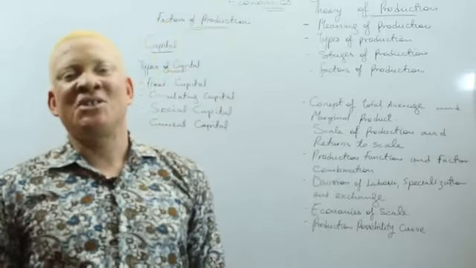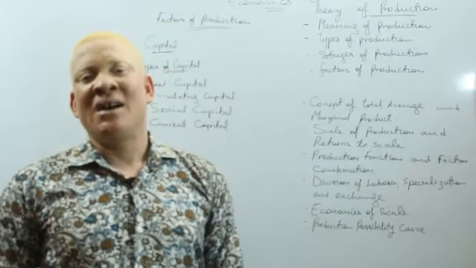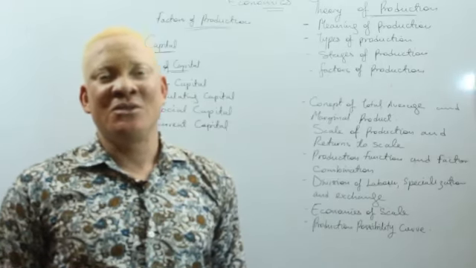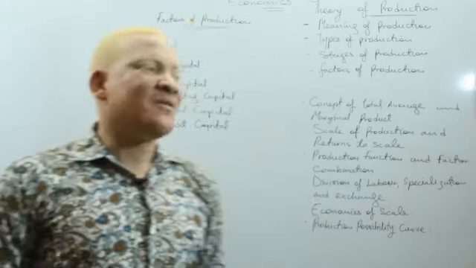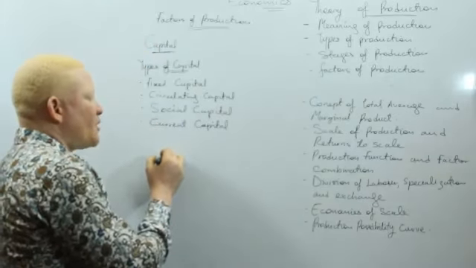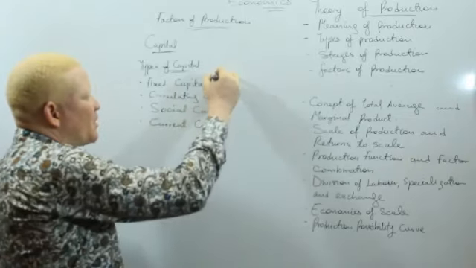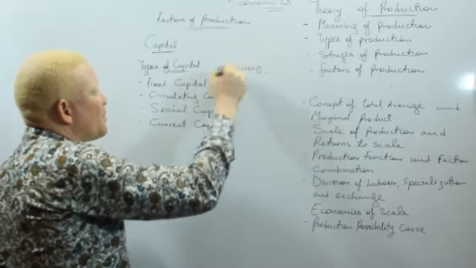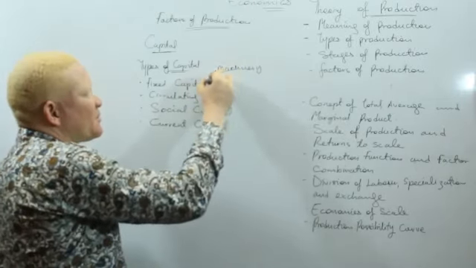That means it cannot change from one form to another, and it doesn't change in size from one volume to another. Examples of things we could call fixed capital, we have the factory space or machinery.